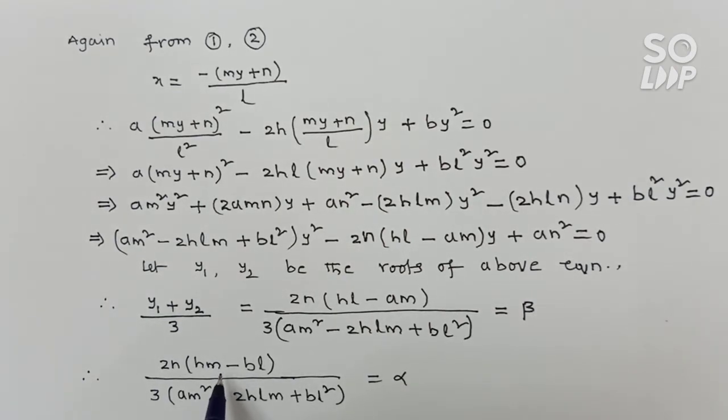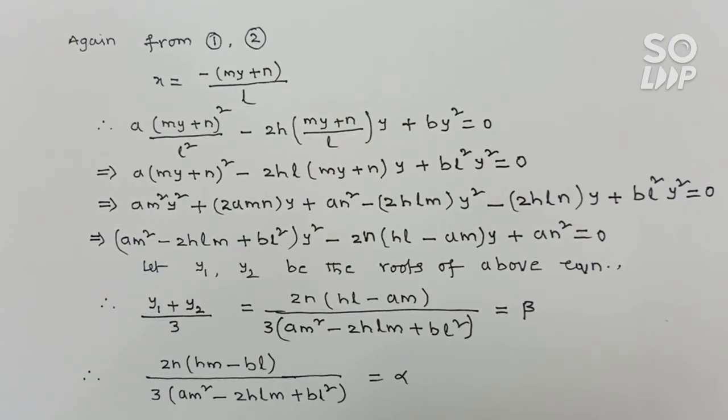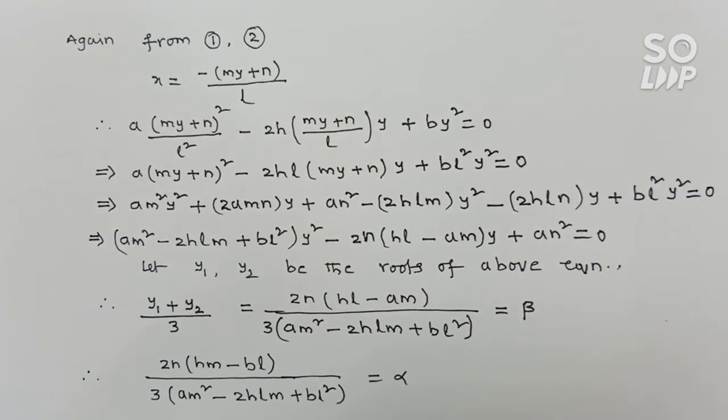Now the required result: I will write alpha by (h into m minus b into L) is equal to 2 into n whole divided by 3 into (a m square minus 2h into L into m plus b into L square).